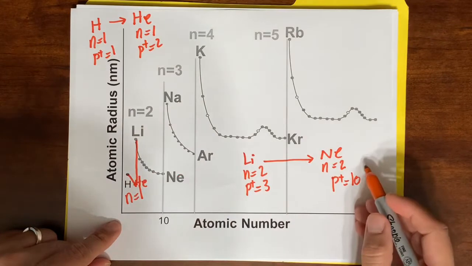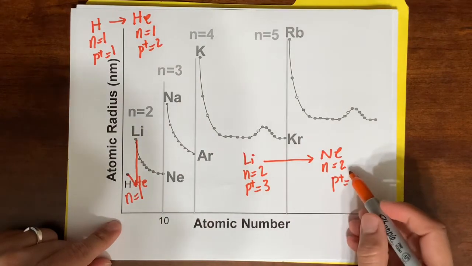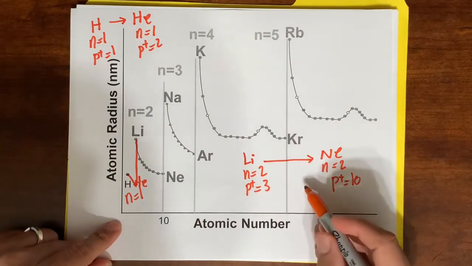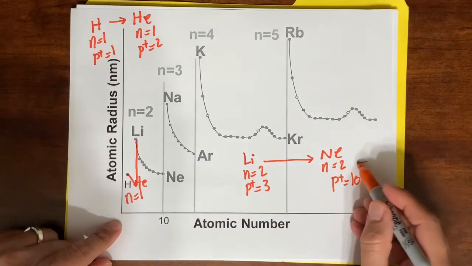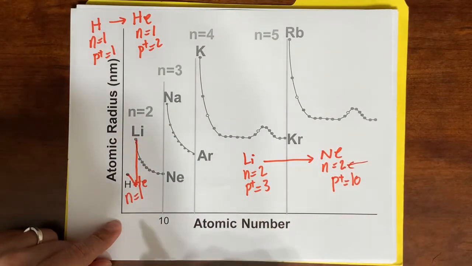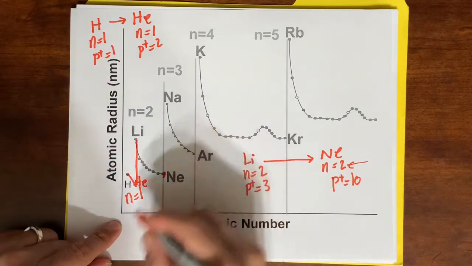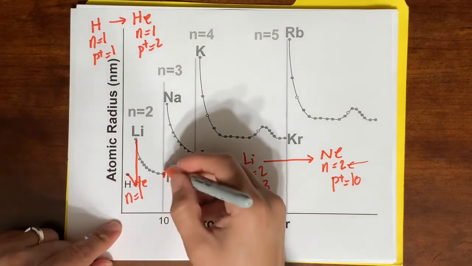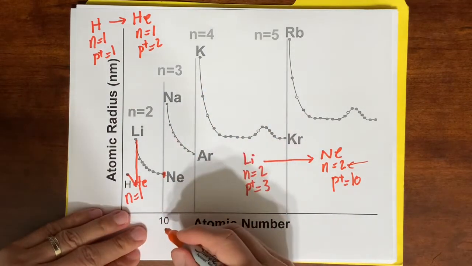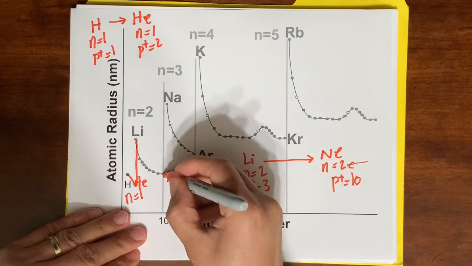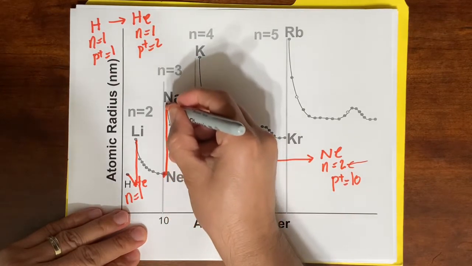As we move to the right side of the periodic table, because we are increasing the number of protons, and still we're talking about the same n, size should get smaller. And it does, until we reach neon. Now, after neon, the next element will be sodium. So now we are adding a new layer.